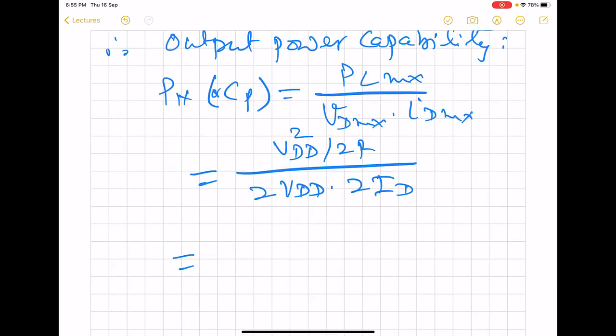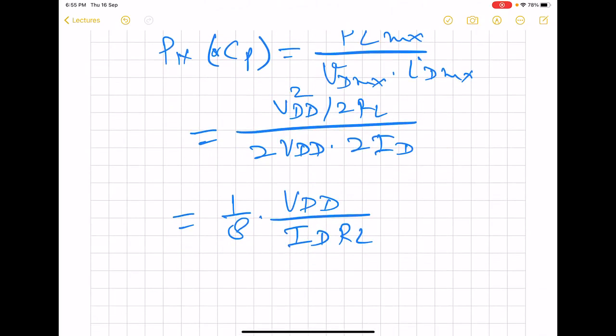So this is going to be equal to 1 by 8 VDD by ID RL. And for the maximum efficiency, we saw that ID RL is equal to VDD.